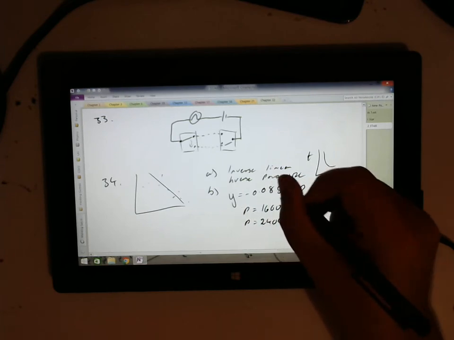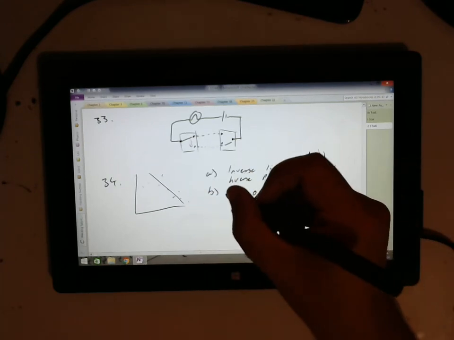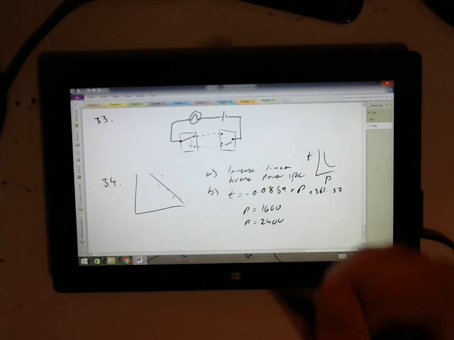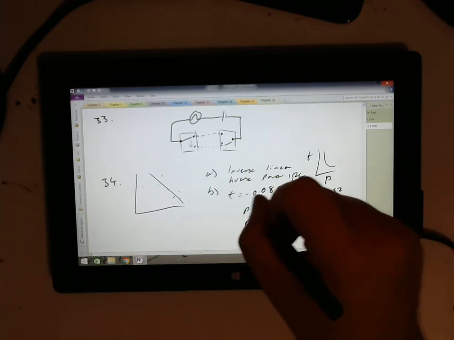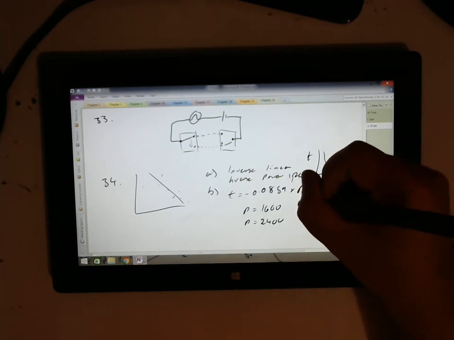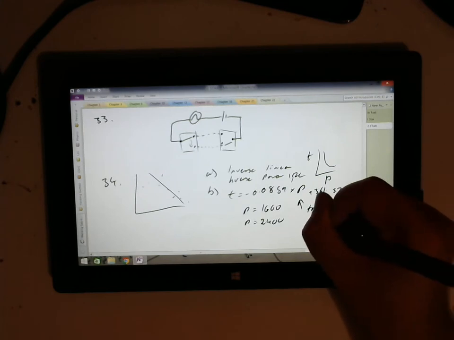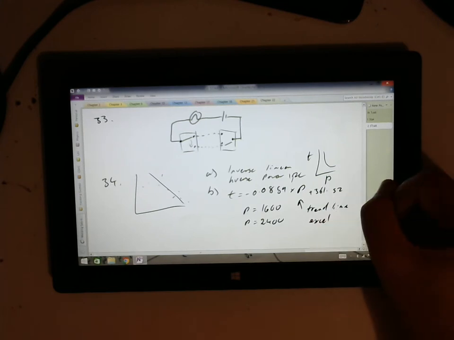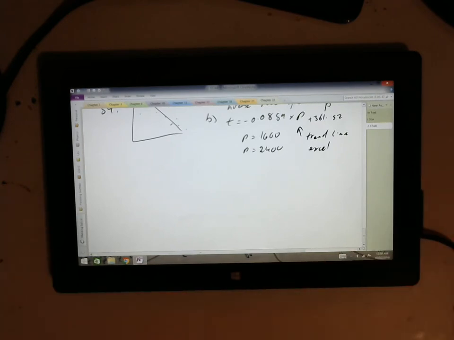Now, being as I've got the formula there for you, instead of y, let's use T for time, because that's what it's finding for us. That equation I got from making a trend line in Excel. It's not some fancy formula you need to remember. It's just for that data set, just from Excel.